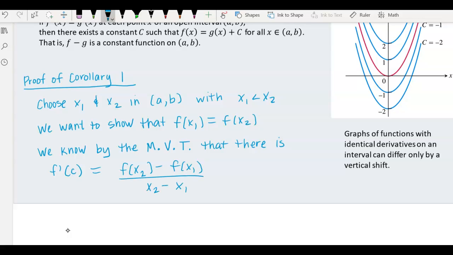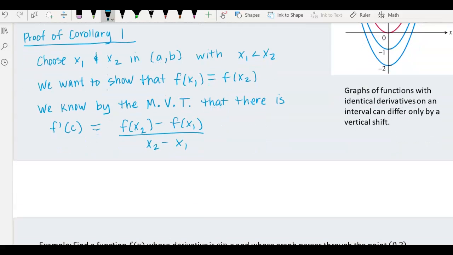Somewhere the derivative is equal to the slope of that secant line. But we just said in one of our assumptions that this is 0 everywhere. So what I'll do is I'll say, okay, well then 0 has to be this.